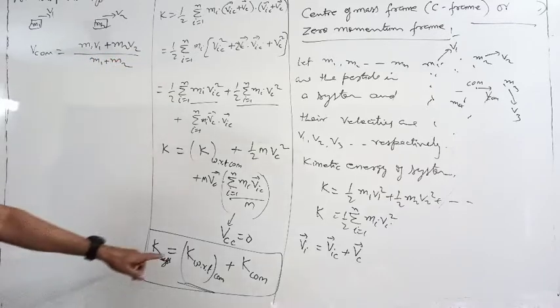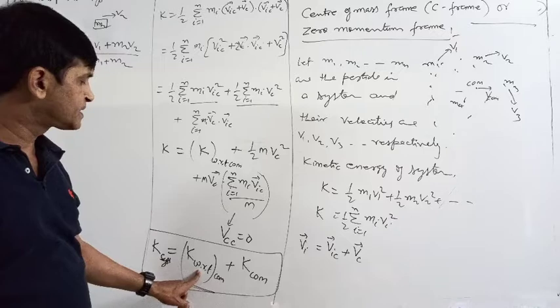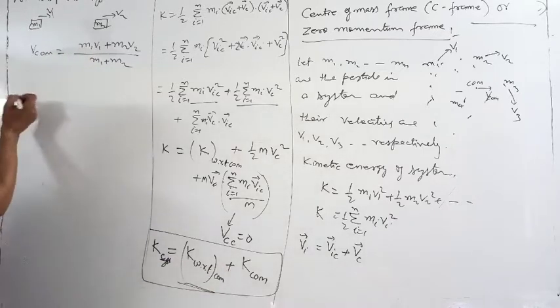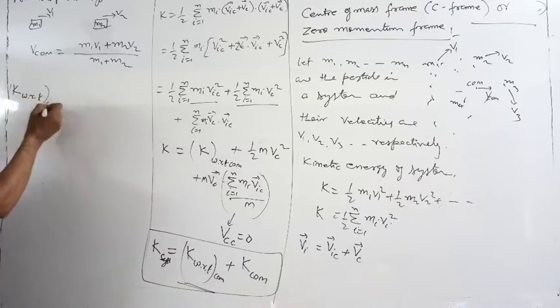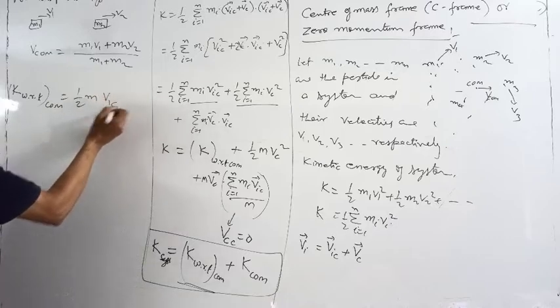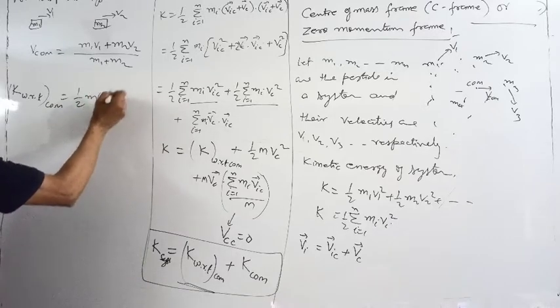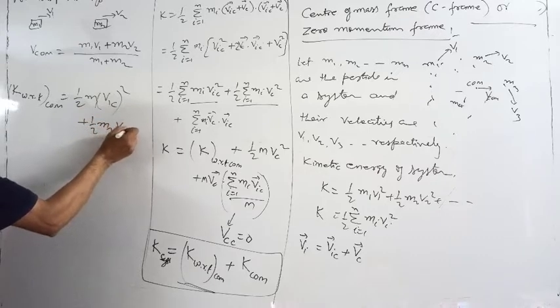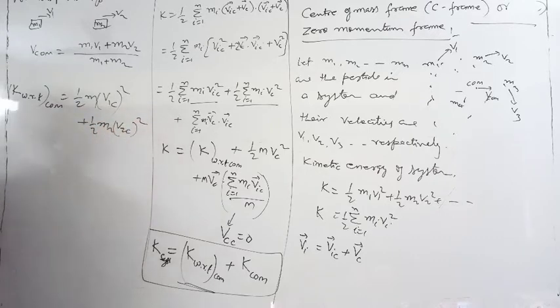Now I am finding the kinetic energy of the particle system with respect to the center of mass. The kinetic energy with respect to the center of mass is half m1 v1 with respect to c squared plus half m2 v2 with respect to c squared.